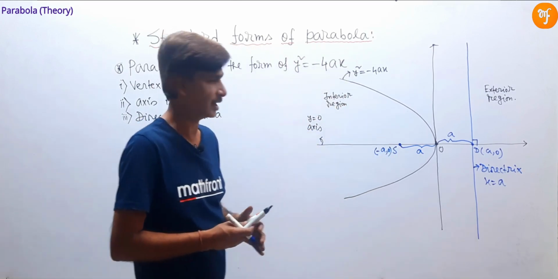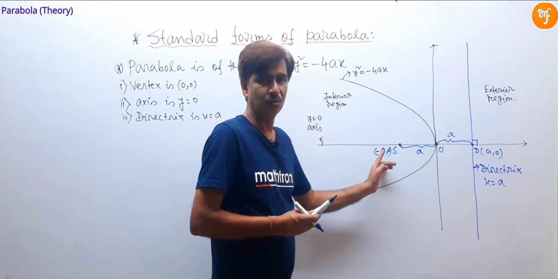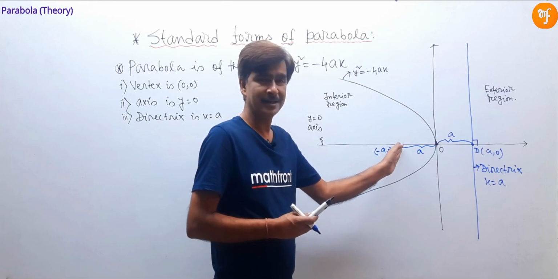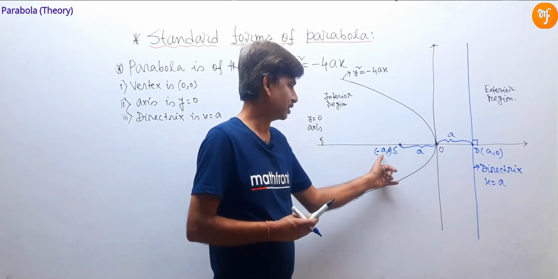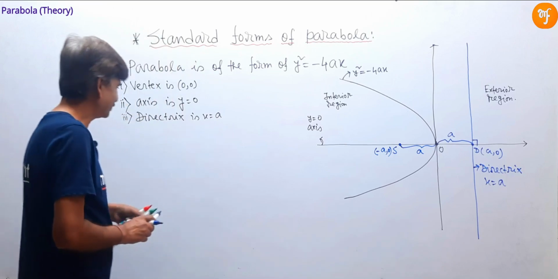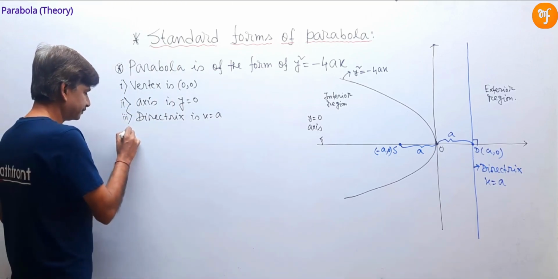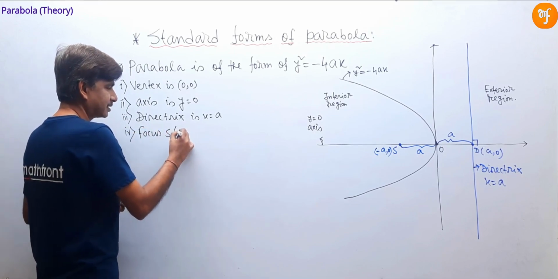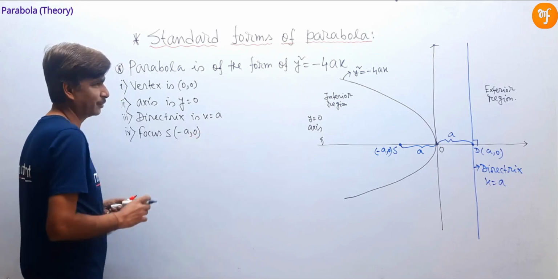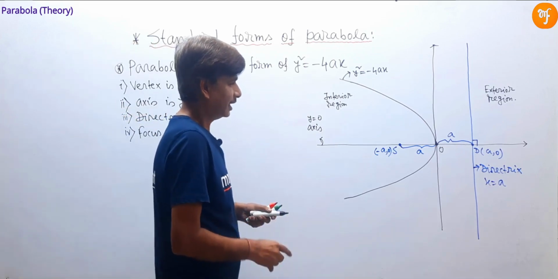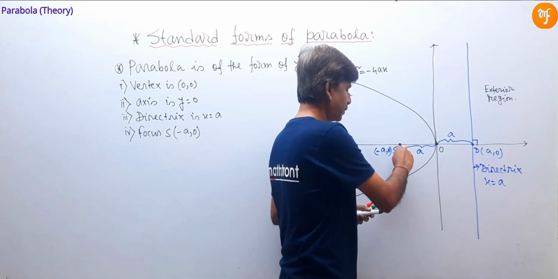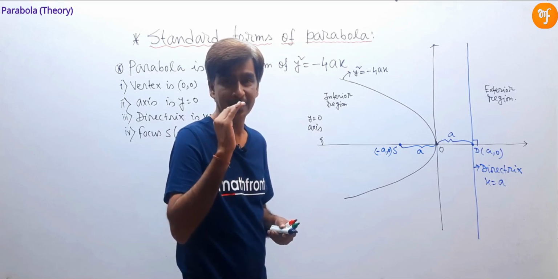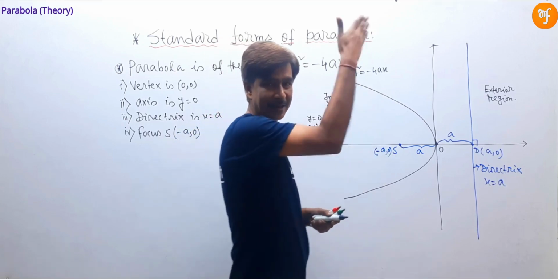As this focus lies on the negative x-axis, the y coordinate will be 0 and the x coordinate will be minus a. So please write the focus S is minus a comma 0. That is why we can say the vertex is the midpoint of the focus and the point D, where D is nothing but the intersection of axis and the directrix.